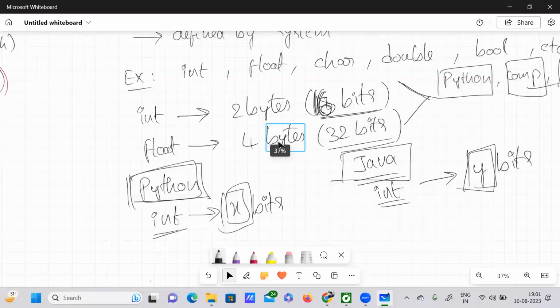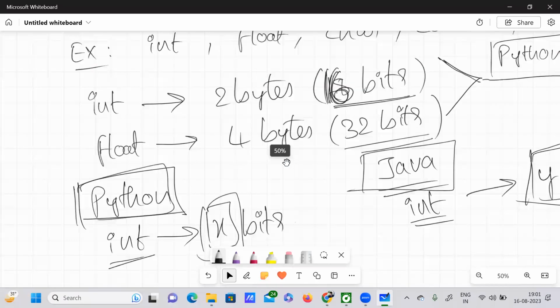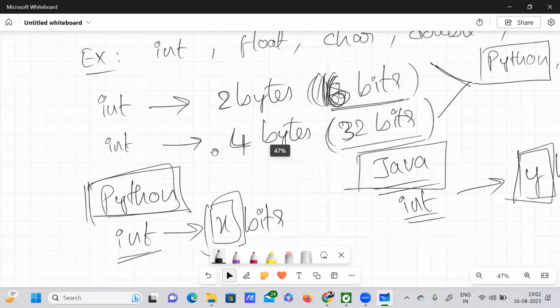Here I have said, this is not the float one, this is the integer 2. What I'm trying to say is, if an integer takes 2 bytes, then in terms of bits it would become 16. If an integer takes 4 bytes, then in terms of bits it would become 32. That's my point here. By mistake, I have written float.